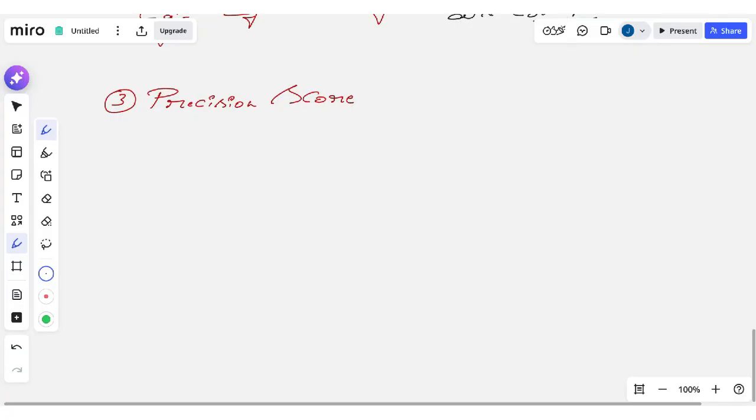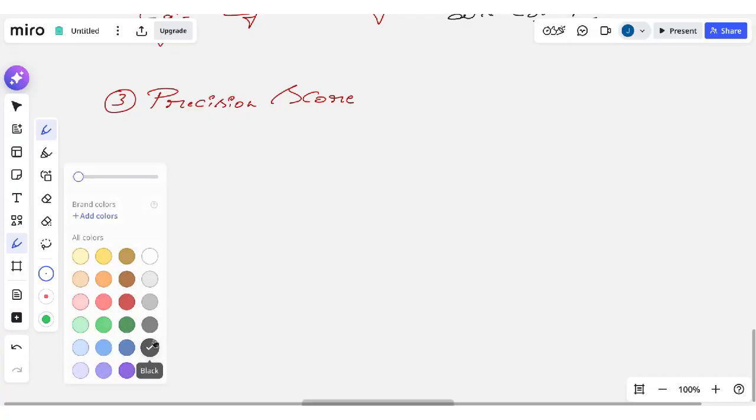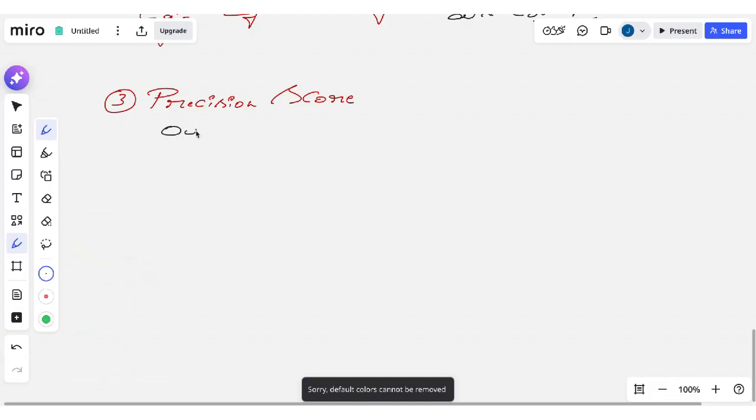What is precision? Precision is simple. Out of all the positive predictions, how many are actually positive? Understand?